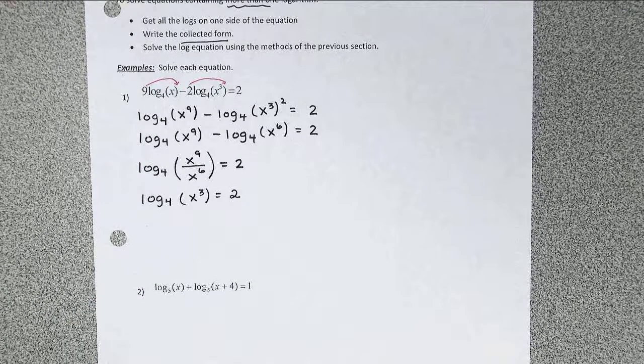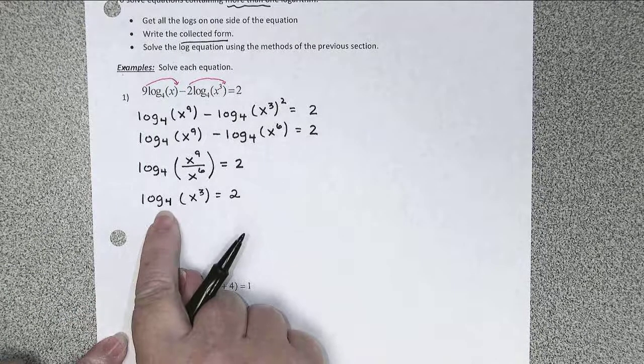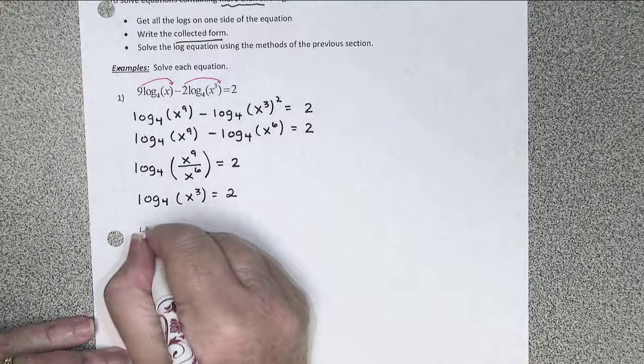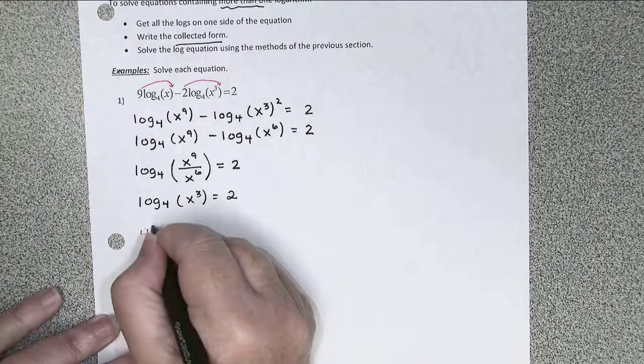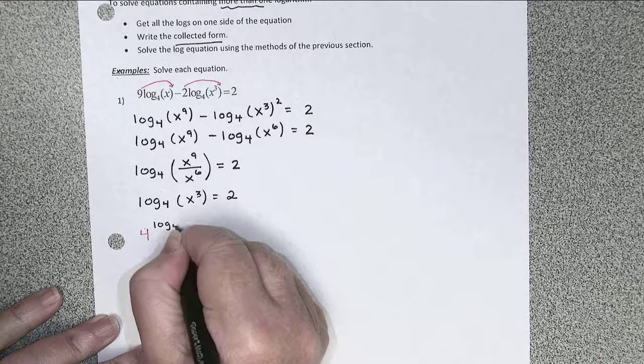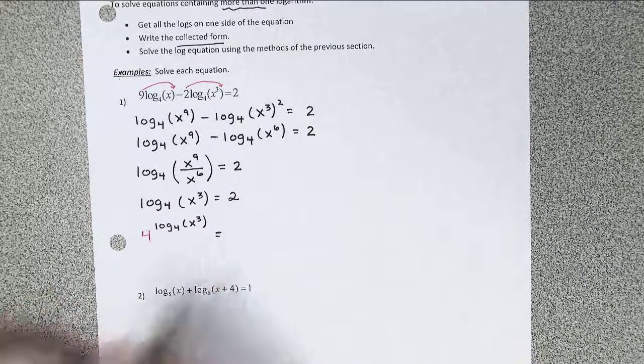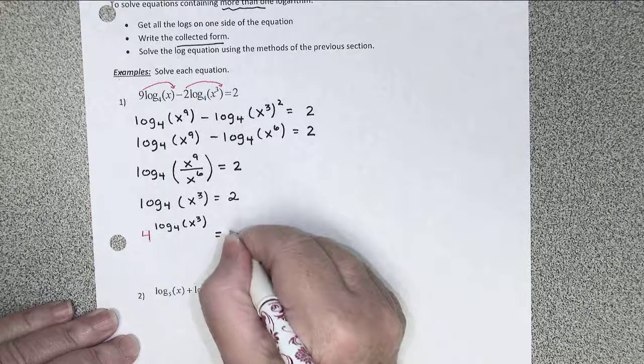All right, now that I've got my collected form, I want to get rid of my log base 4, and I know the inverse of the log base 4 is the exponential function base 4. So I'm going to use 4 as the base, and raise it to the log base 4 of x cubed power. And I'll do the same thing on the other side.